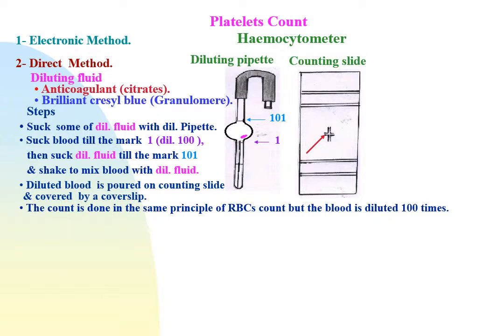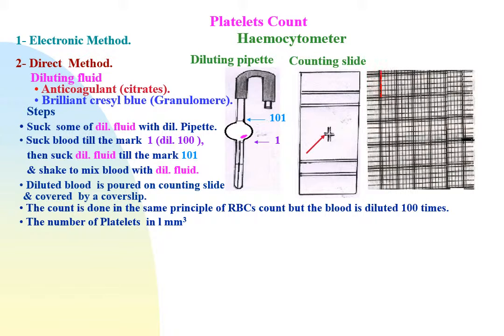The count is done on the same principles as the RBC count, but the blood is diluted 100 times only. The number of blood platelets in a single cubic millimeter equals the number counted in 5 big squares multiplied by 5 thousand, the same principles as in RBC count.